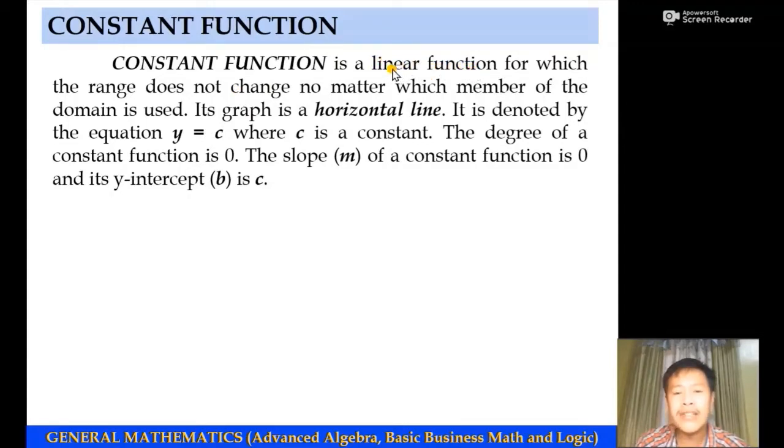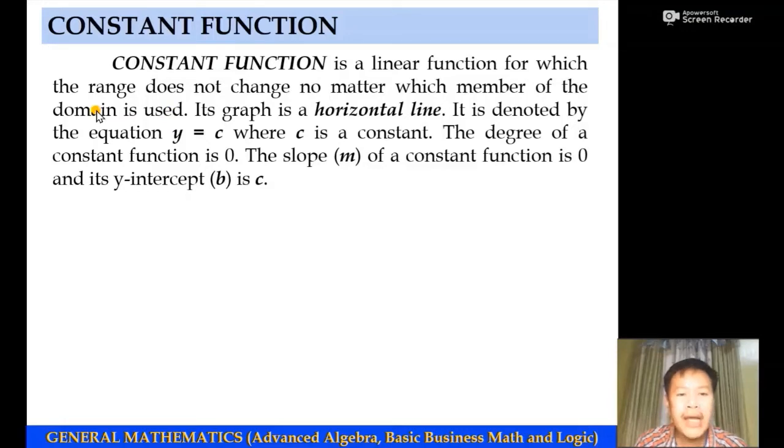Take note, it is only a type of linear function, and linear function will be explained to you in detail in the second basic function. Now, it is a linear function for which the range, a set of all resulting values of y, does not change no matter which member of the domain is used.